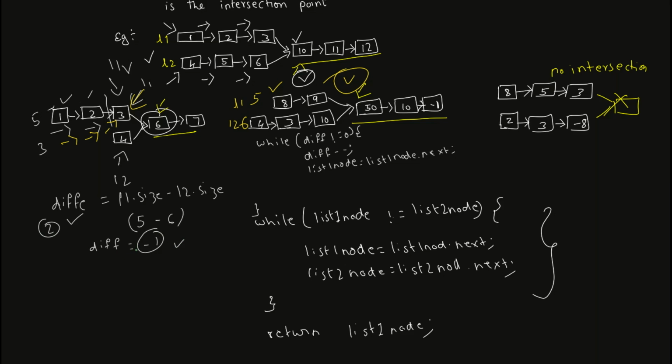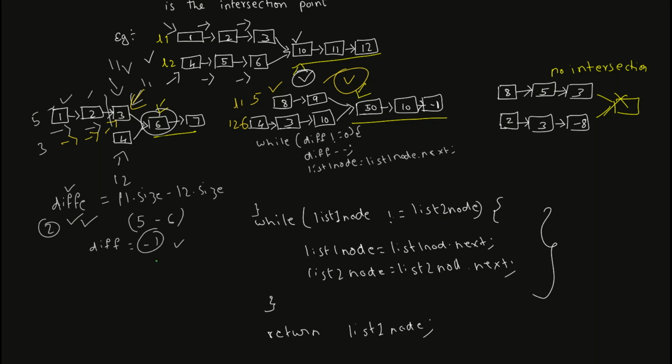Why did this happen? If list1 has the greater size, we will definitely get a positive value in the difference. If list2 is greater, then the difference will definitely be a negative value.